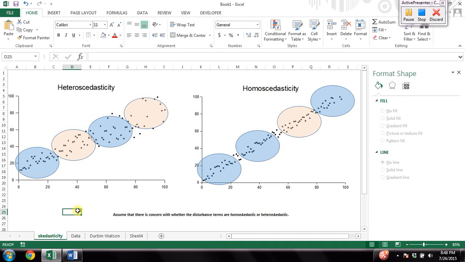There are tests, and statisticians use tests to determine a concrete number. They don't just go by how the look of the graph is, although that can provide valuable intuition. So you are asked just to use your intuition by looking at the graph and determine which you think, heteroskedasticity or homoskedasticity. Now let's move on to the next part.